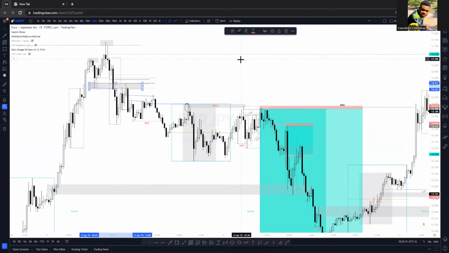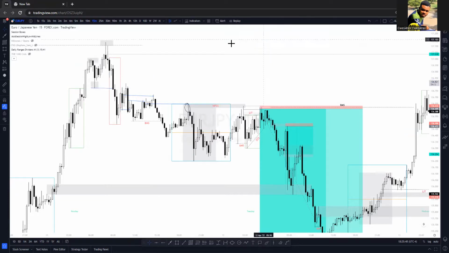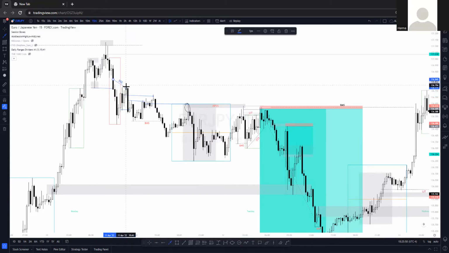Right. Okay. So we had money transfer from this inefficiency to this other block. So this is where money is. And now what happened? Over here, we had a break of this minor structure over here, right?